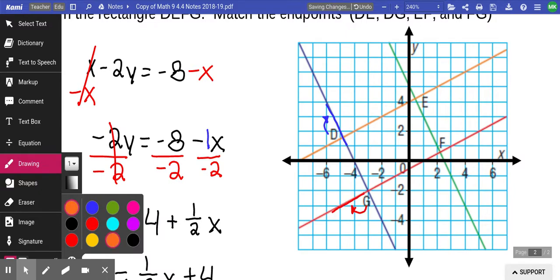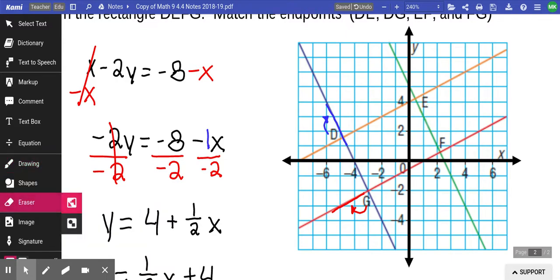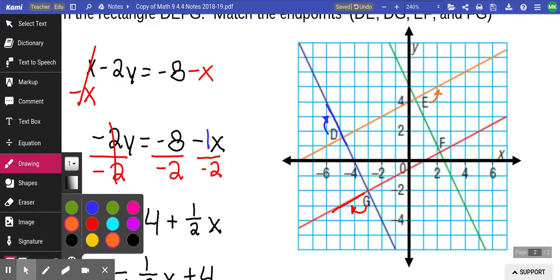We're going to assume that E is the green one. And we're going to assume that, oh, no, we're not. We're going to say E is orange. And we're going to assume that F is green. So D is blue, G is red, E is orange, F is green.